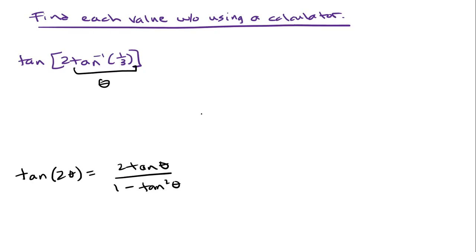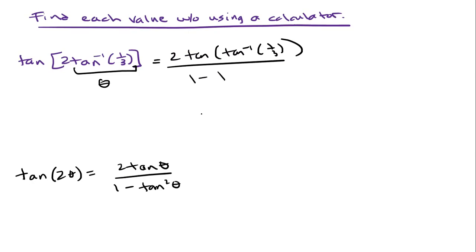Okay, if that's the case, then anytime we see theta, we're just going to replace it with the inverse tangent of 1/3. So we'll have 2 times tangent of the inverse tangent of 1/3, divided by 1 minus tangent squared of, in this case, what I want to do is I'm actually going to rewrite this.